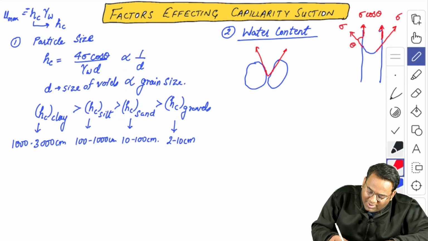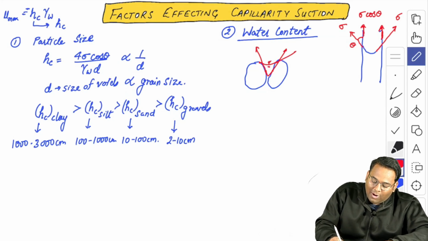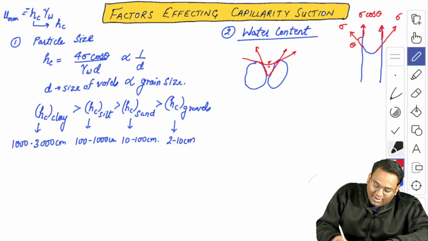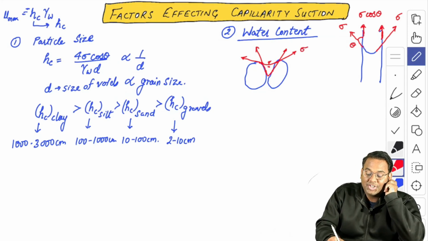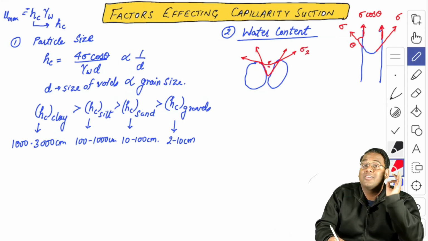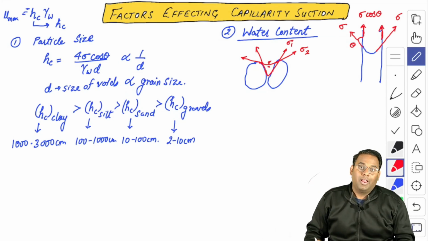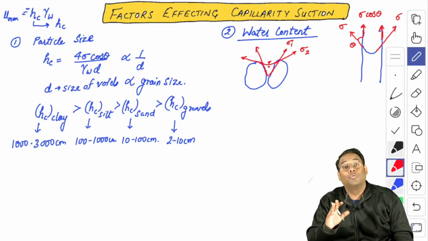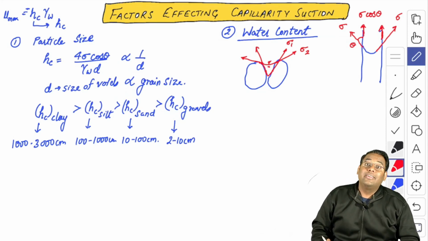You will see that the water surface will be like this. So this is the water surface now, and the surface tension in the second case, when the water content is more, will be acting in the sigma 2 direction. As sigma 2 is more towards horizontal, the vertical component will decrease.